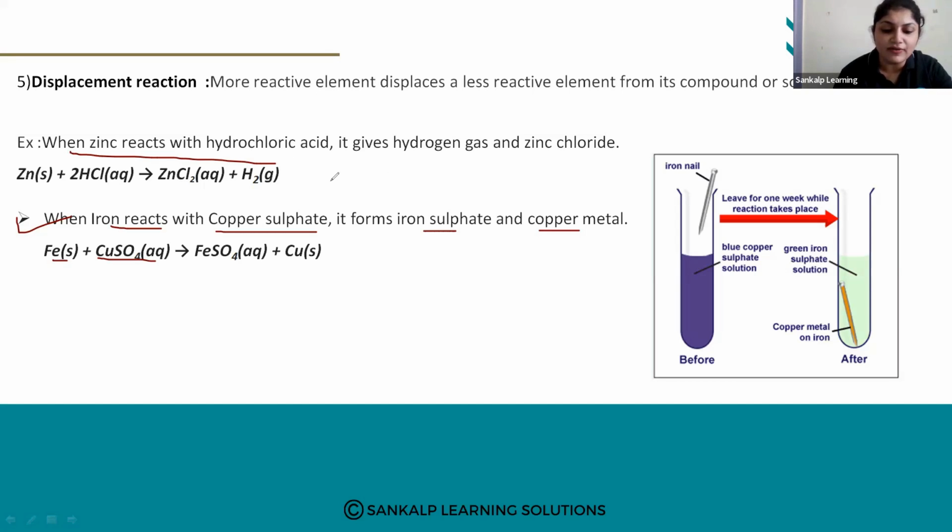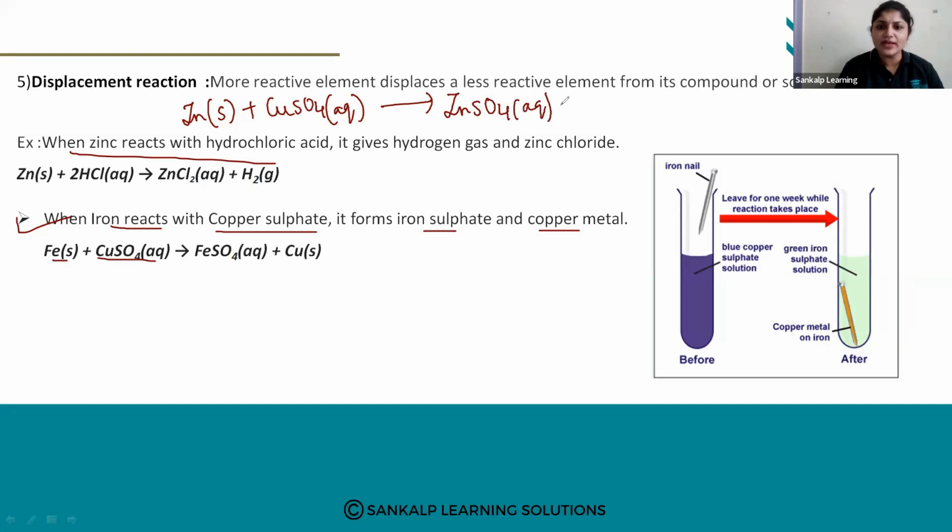Okay. Then one more reaction you can see with zinc. Another example you can just write down. If you know as many examples as possible, that is good. So zinc, which is in solid state, reacts with copper sulfate, which is aqueous, giving you ZnSO4, which is aqueous, plus copper solid.